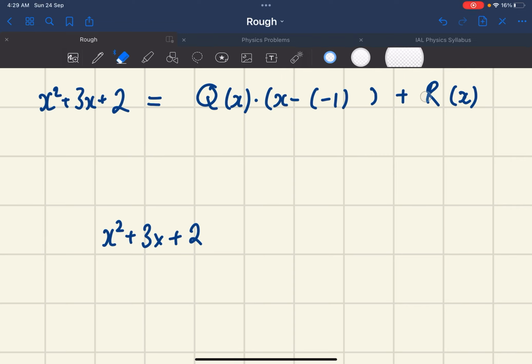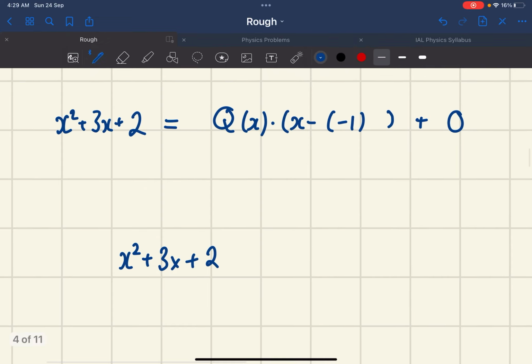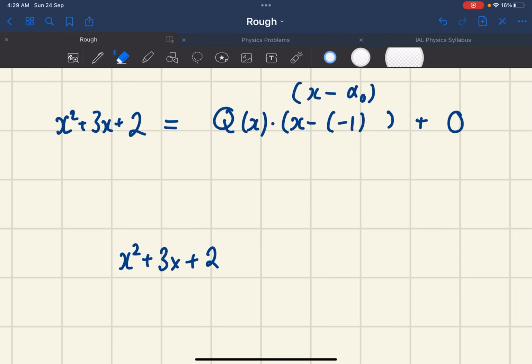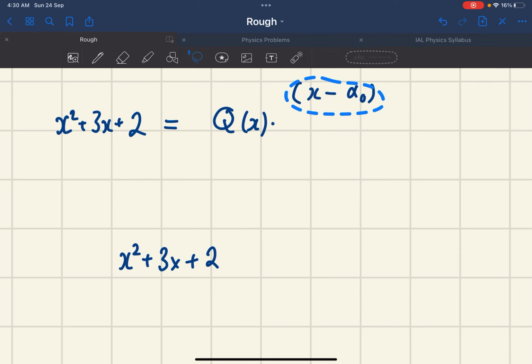So r(x) becomes 0 if we were to divide by x minus a root. So this is what happens. When you divide a normal polynomial by its root, you will literally factorize it out. You will have no remainder.